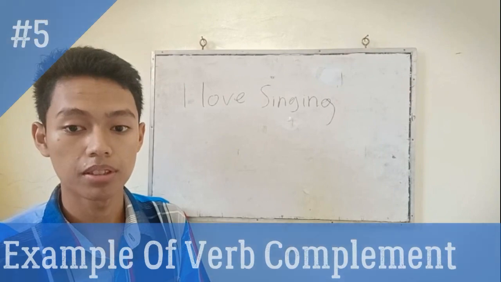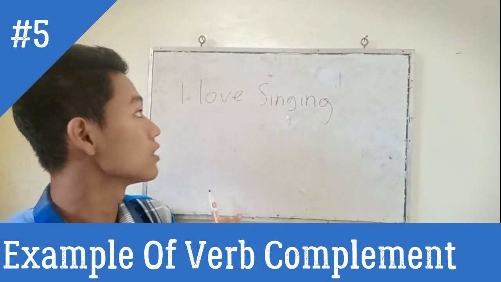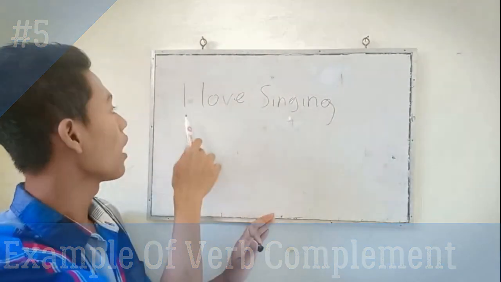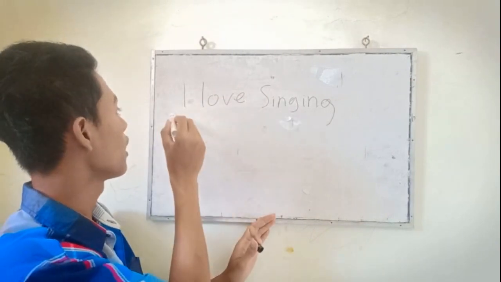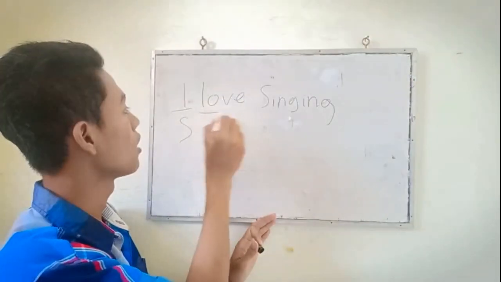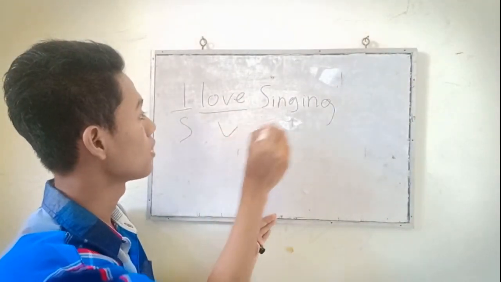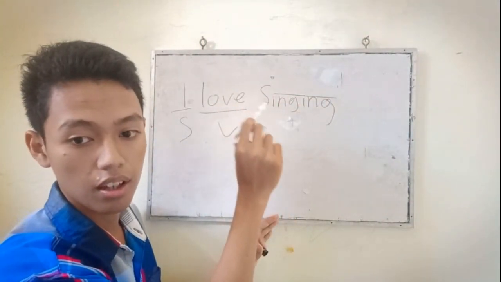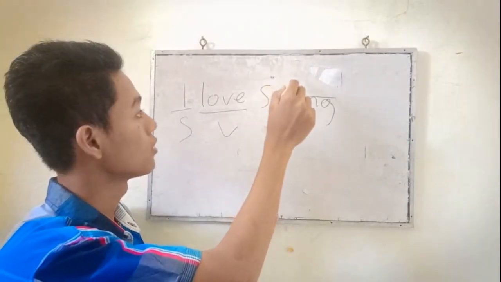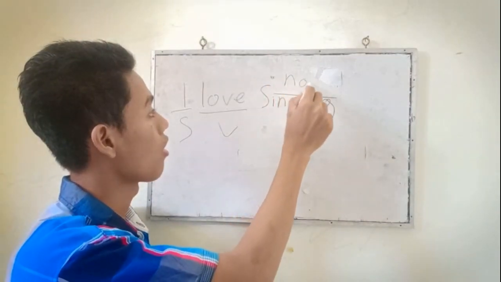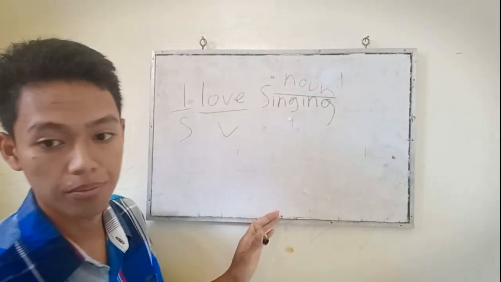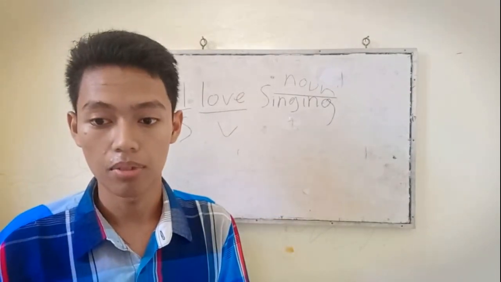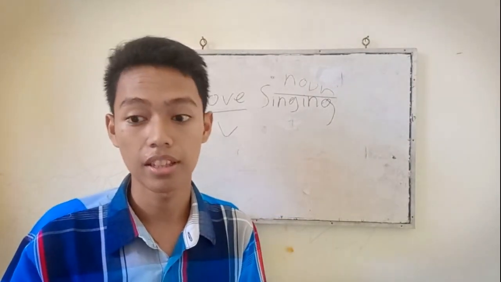Example of verb complement. In this case, we can look: I love singing. I is the subject, love is the verb, singing is a noun. In the sentence above, the verb complement is singing.